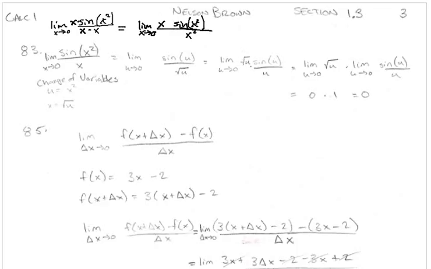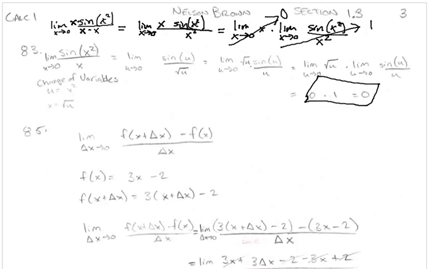X squared goes to 0 as x goes to 0, so therefore this would go to 1. So we have the limit as x goes to 0 of x times the limit as x goes to 0 of sine of x squared over x squared. This quantity goes to 1. This quantity goes to 0, so we get 0 times 1, which is just 0. And that's the end of it.